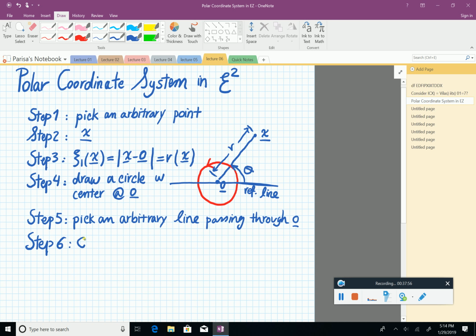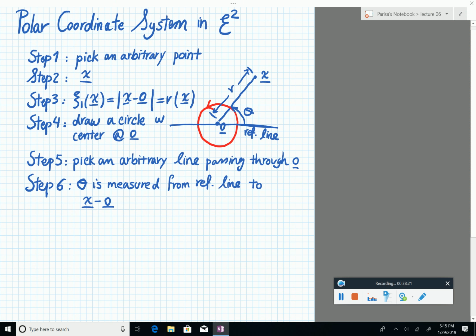So theta is measured from the reference line to the line connecting O and X, and the direction is indicated by the direction of that little circle that we have.